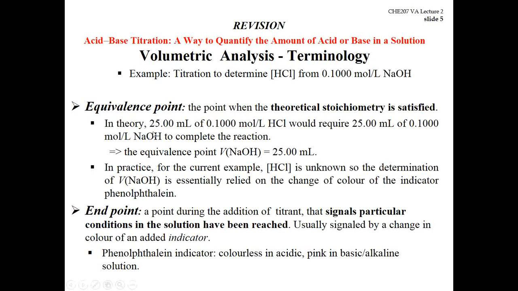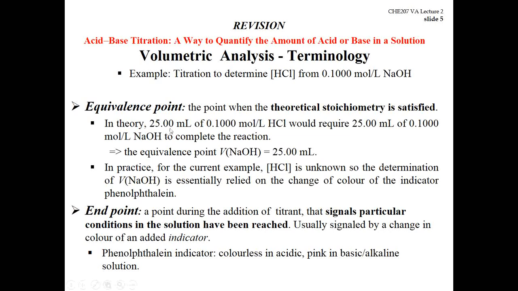So for example, if we have 25 milliliter of 0.1 mole per liter HCl, we would require 25 milliliter of 0.1 mole per liter NaOH to complete the reaction. So this means that the equivalence point happens at the volume of NaOH equal to 25 milliliter.